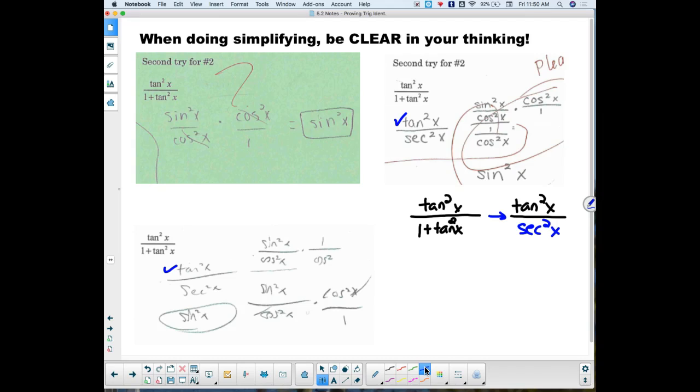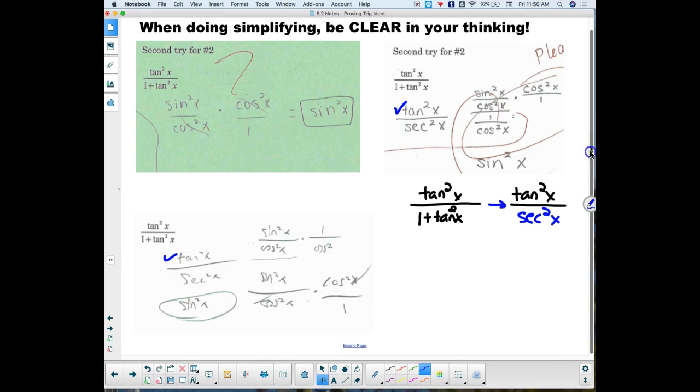Then I would change tangent of x to sine of x over cosine of x, squared, and that is still over secant squared, which I could make 1 over cosine squared of x. This person did not. This person did not. Up here, this person did.